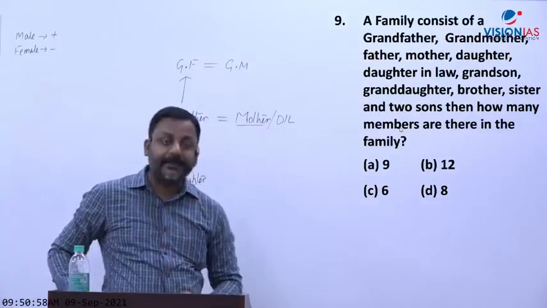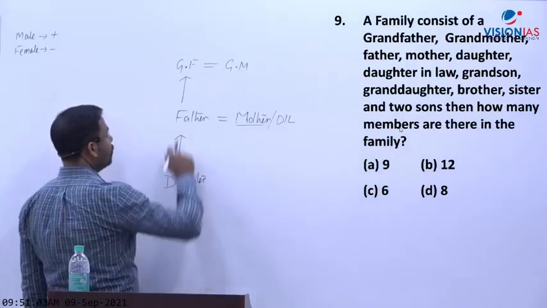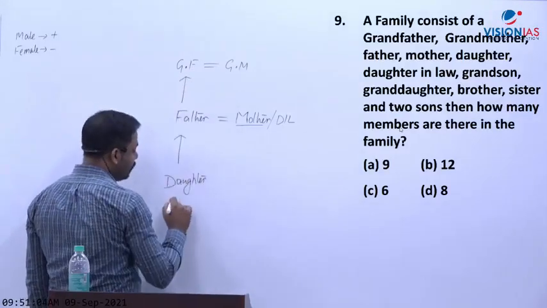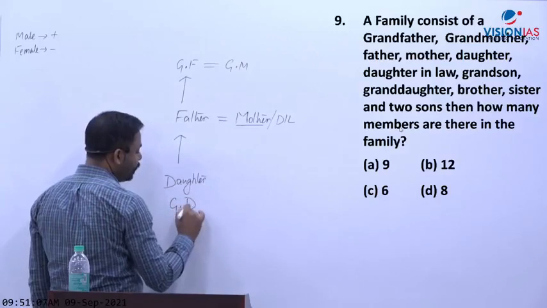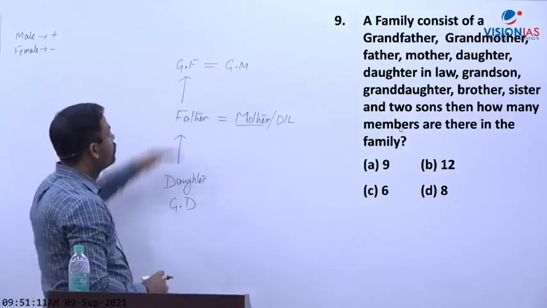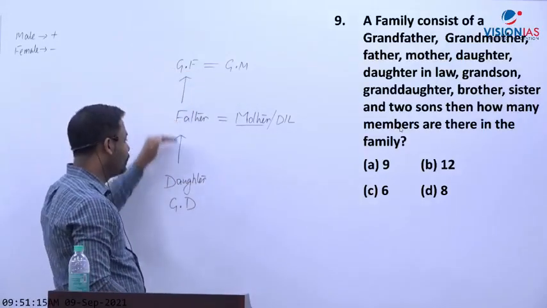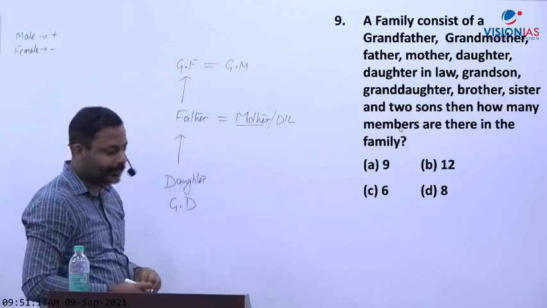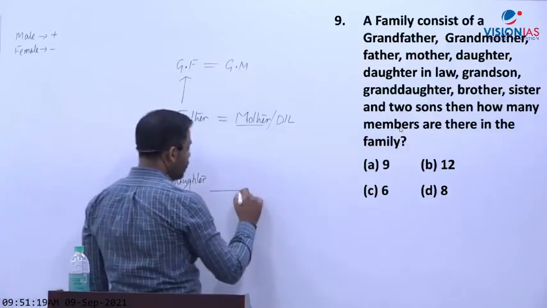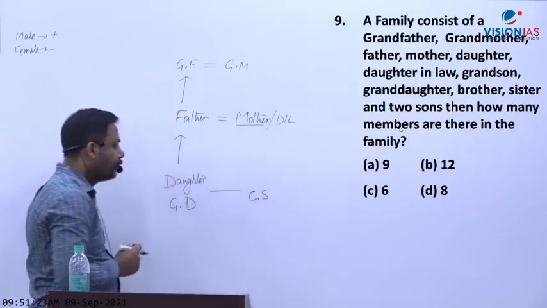Now, grandson and granddaughter. This particular girl will be called granddaughter for their grandfather and grandmother. So for these two persons, this girl is granddaughter, son's daughter. And grandson: let's take one more person.